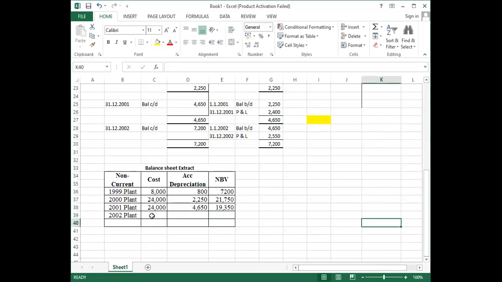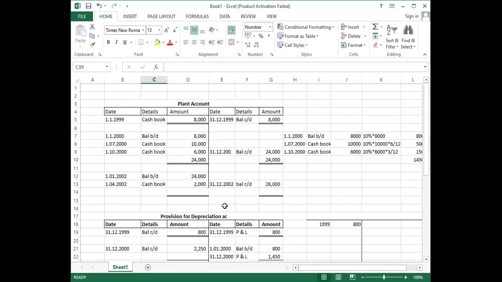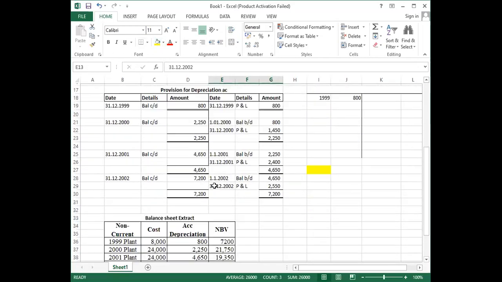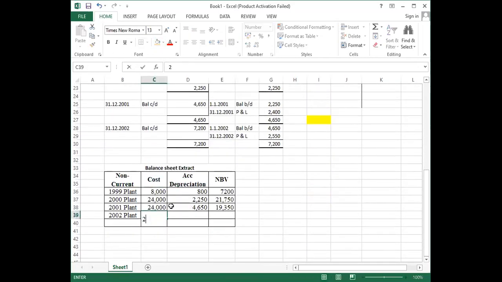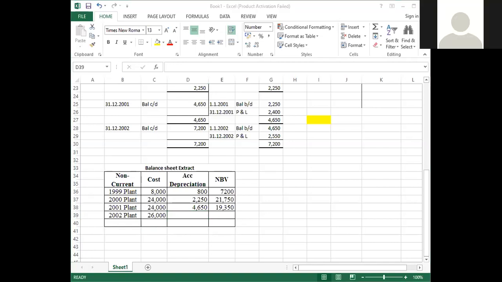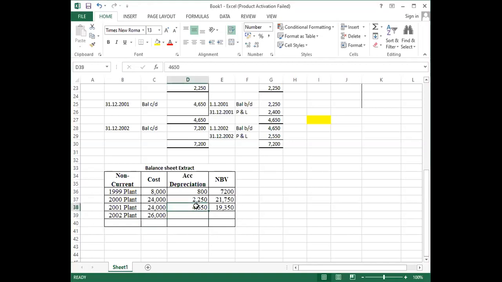Good. In year 2002, what was our closing balance again? It will be this 26,000 here. Can you see it? So this is our closing balance here for the total asset at cost, 26,000, because we have an additional machine that we bought at 2,000. What will be the value of total depreciation here? It will be the 4650 for this year.